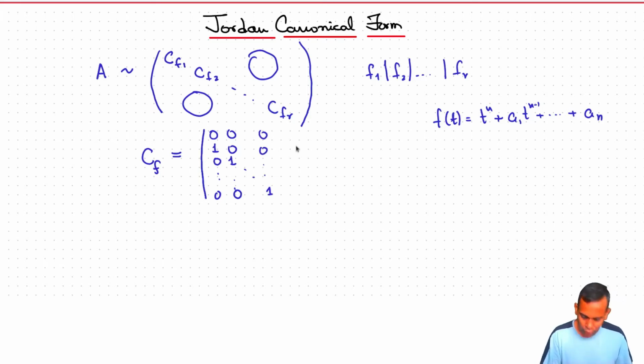And in the last column, you have the negatives of the coefficients of f: minus an, minus an minus 1, up to minus a1.